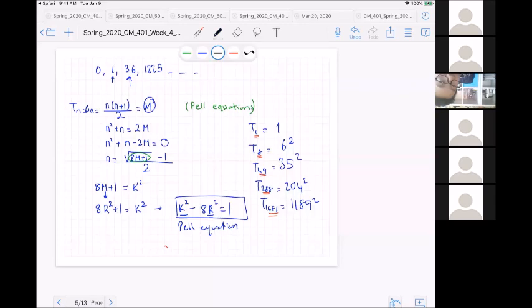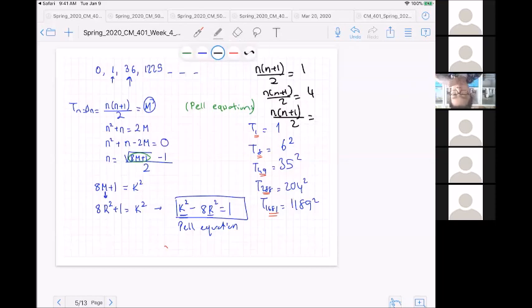So I'm looking at n times n plus 1 over 2. Can it be equal to 1? Can it be equal to 4? Because I want it to be a perfect square, I'm looking for which triangular numbers are perfect squares. Can n times n plus 1 over 2 be equal to 16, for example?